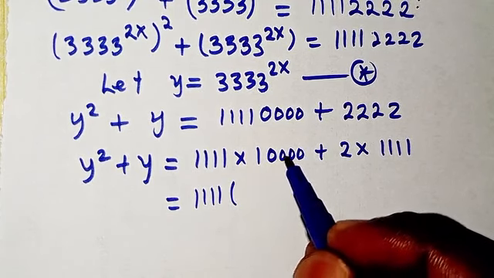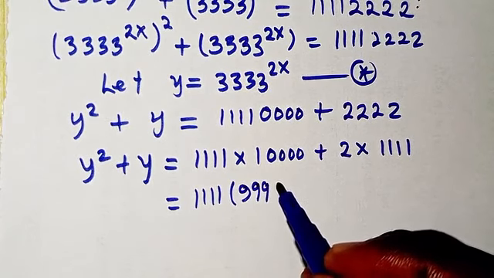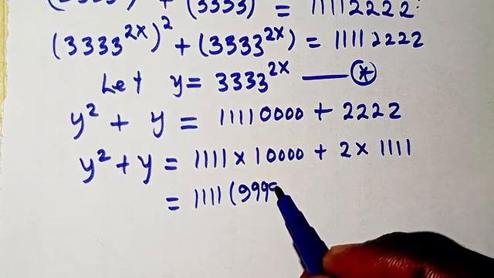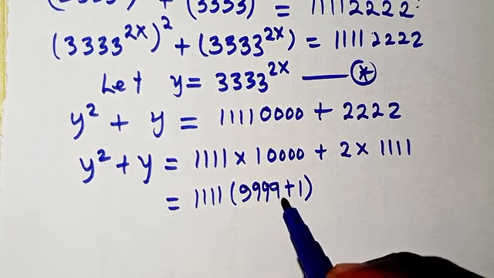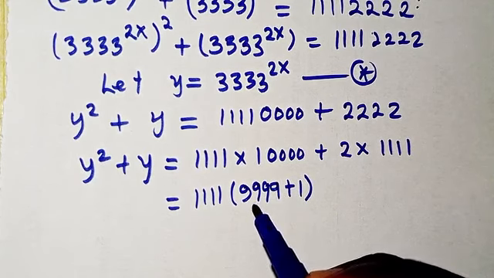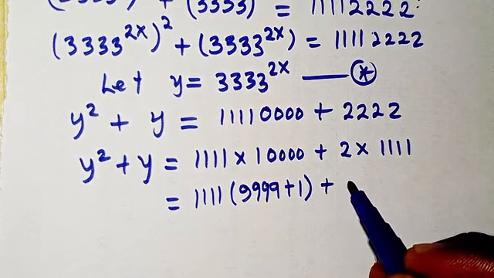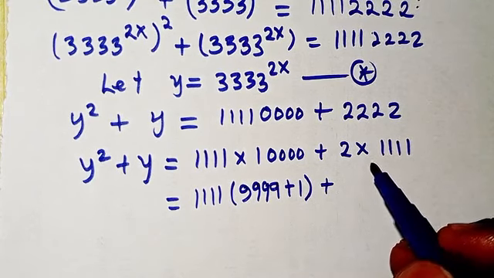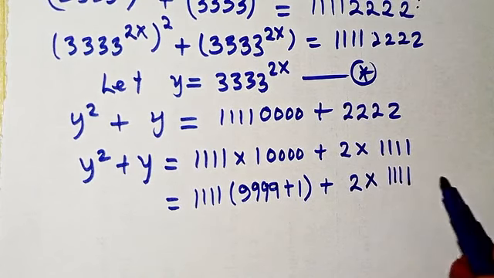Now if you deduct 1 from here, we're still going to have 9 9 9 9 plus 1. So when we add this 9 9 9 9, we're going to have 9,999 plus 1. We give us this, then plus we have 2 times this.